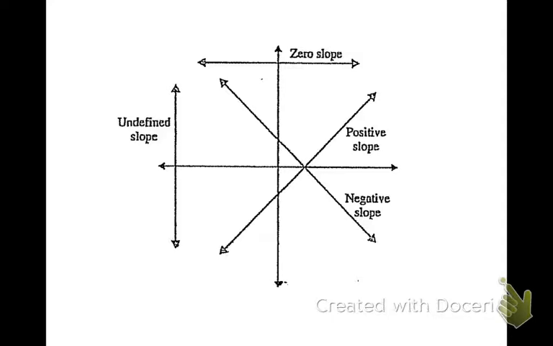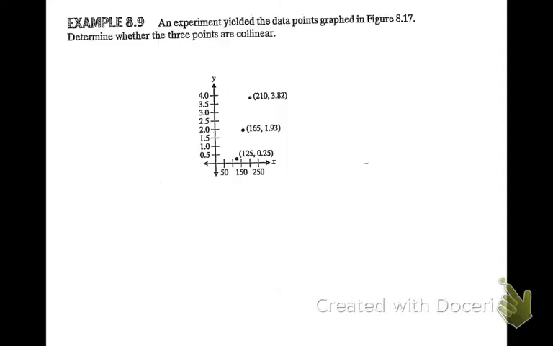All right. Example 8.9. An experiment yielded the data points graphed in the figure. Determine whether the 3 points are collinear. How could we tell if these 3 points are collinear? Yes? If they have the same slope. Right.